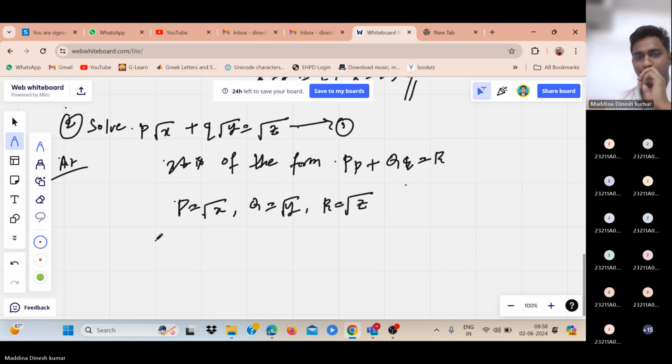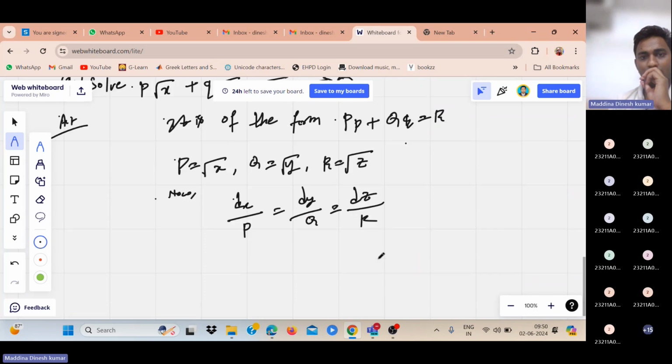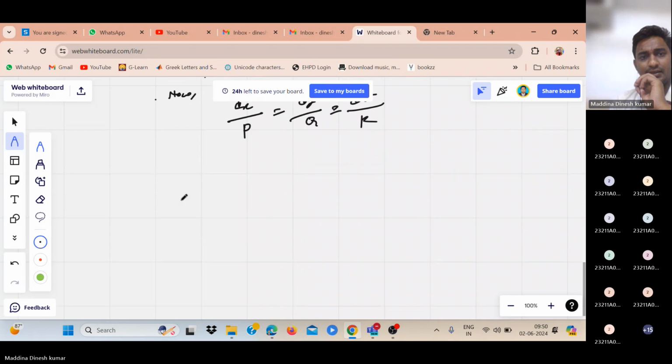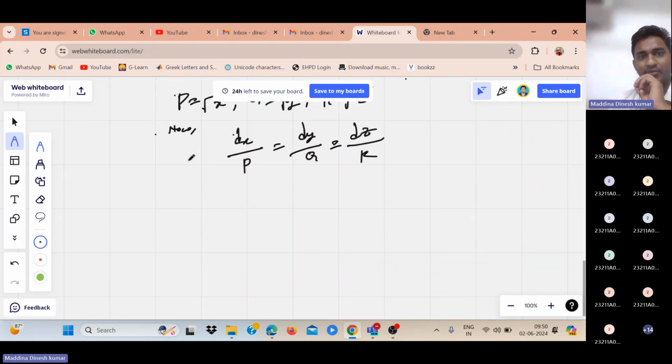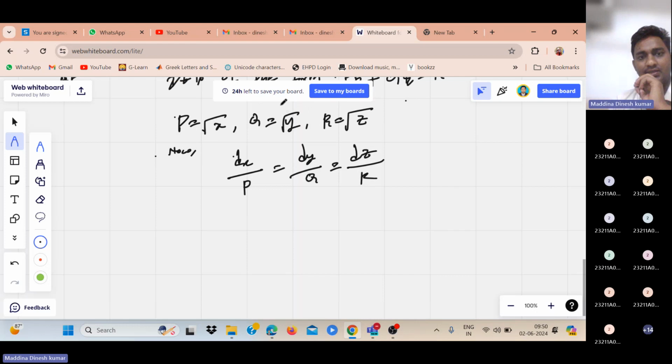Now dx by P equal to dy by capital Q equal to dz by capital R. P means square root of x, Q means square root of y, R means square root of z.